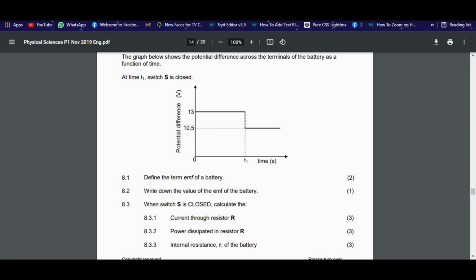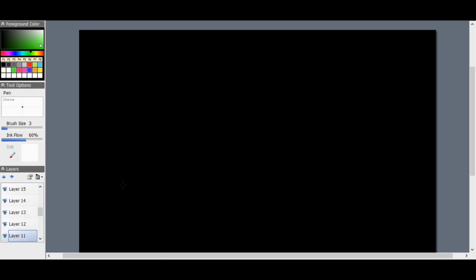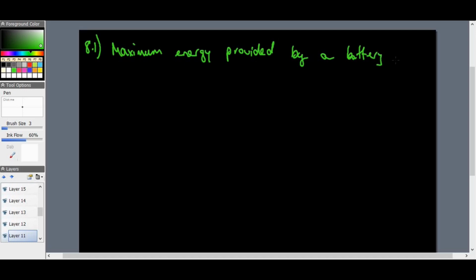Sorry guys, hold on, something just bugged out on my screen. Define EMF of the battery. In layman's terms, EMF of a battery would be the potential difference of the battery. But in actual physics, it is the maximum energy provided, which is the same as work done, by a battery per coulomb, or unit charge, passing through it.